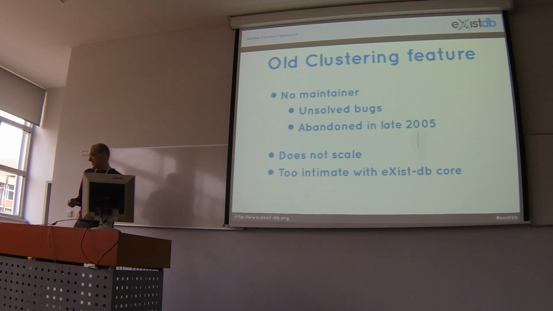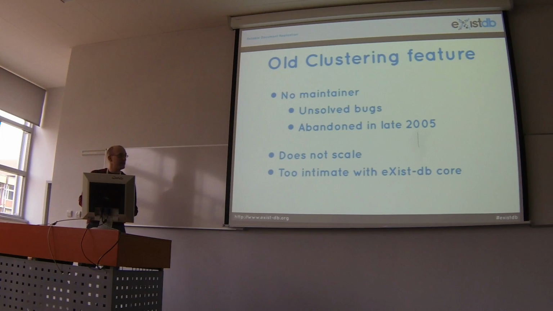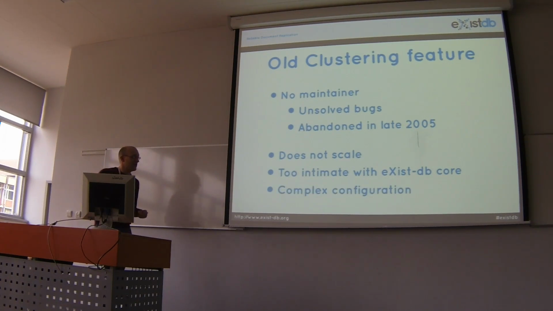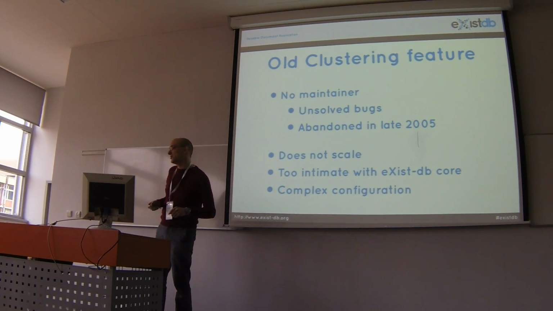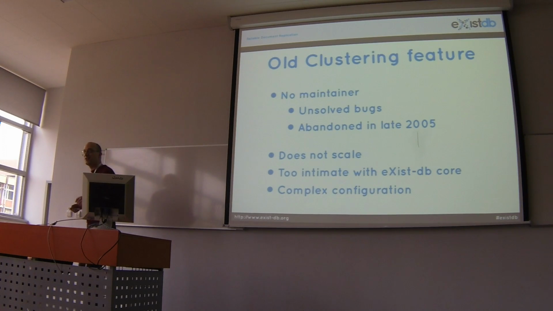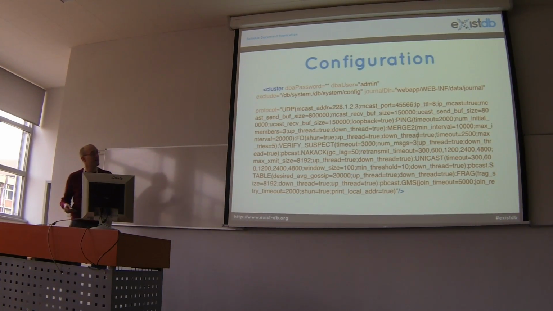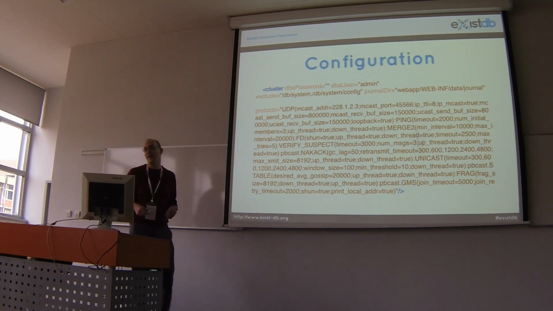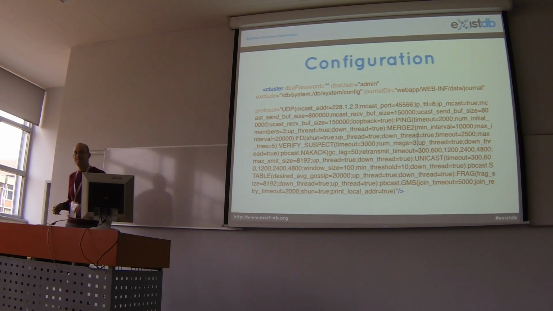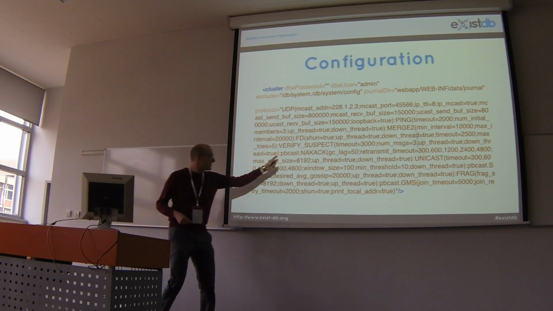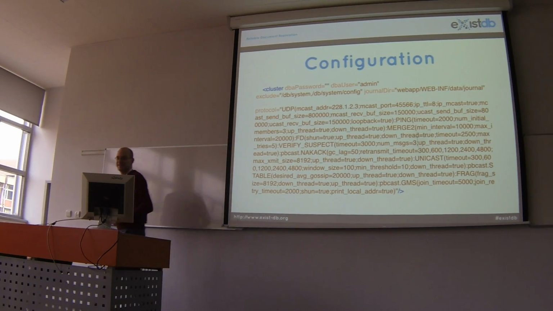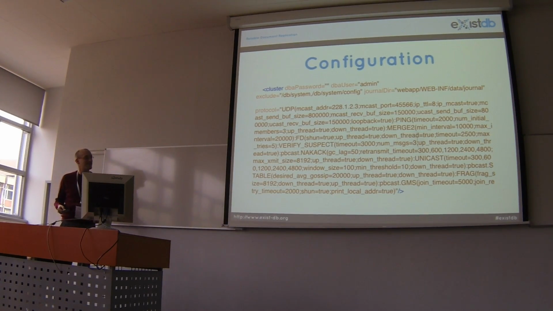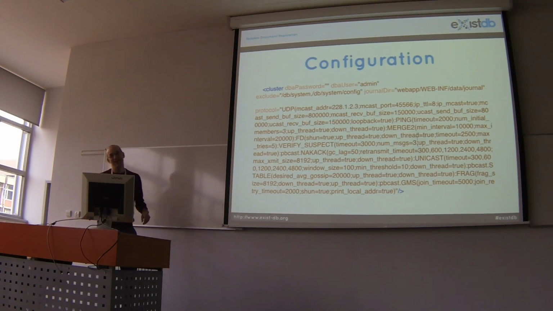So that's not good. And the other thing is it's really complex to configure. And I have an example of how the configuration looked. Look, it's kind of a JGroups configuration thing, and if you can find your way in here, good luck. I'm pretty sure this one or this one is maybe not good. So, that's a really bad idea.